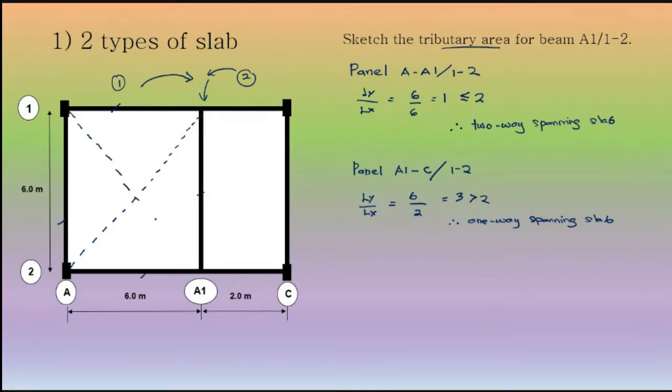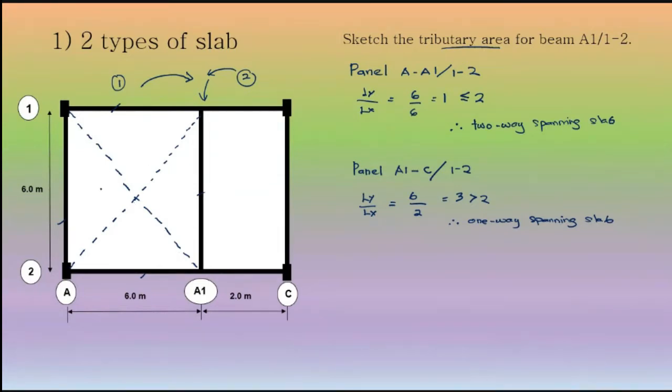So you draw the triangle shape. Okay guys, boleh? Saya takut hilang. Okay, so maksud dia kat sini, keempat beam ni akan support load from this slab dalam bentuk triangle.